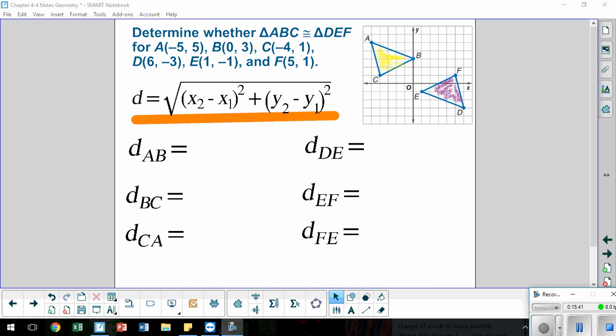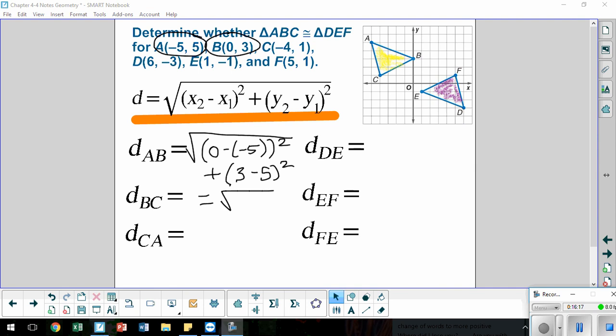So this would be the square root. We're looking at this one right here and that one right there. So x2 would be 0 minus negative 5 squared. You can see I'm putting in whatever you like. Plus 3 minus 5 squared. I will shrink this once I get everything together here.